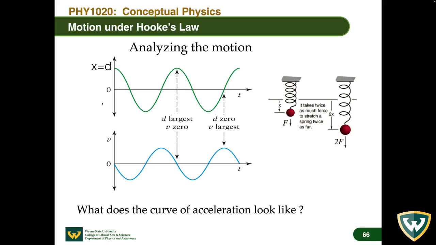So the top graph in green shows the position, or the distance to the line of equilibrium. The bottom line in blue shows the speed, the vertical speed of the object. And so as the object is here at the top, it has zero velocity.